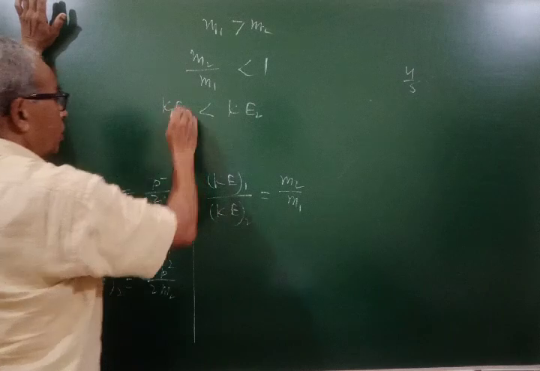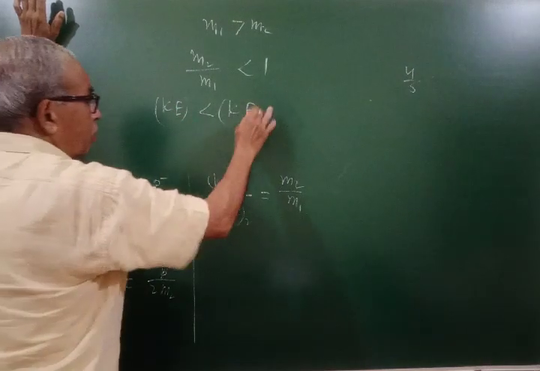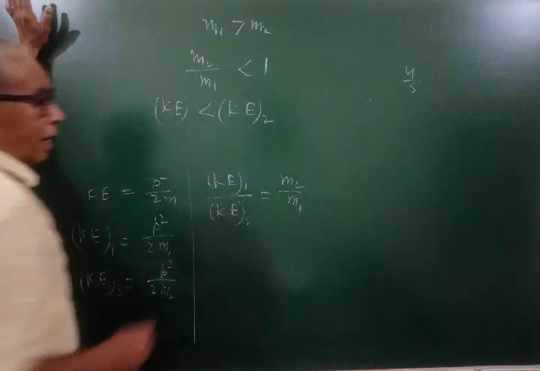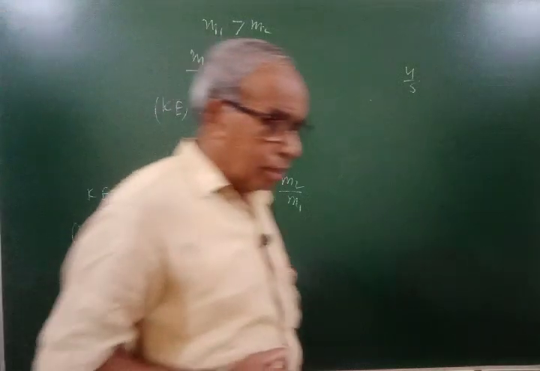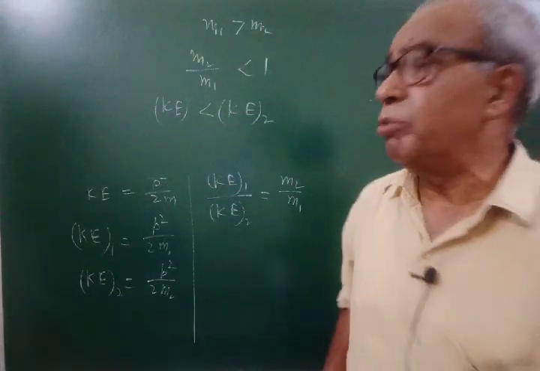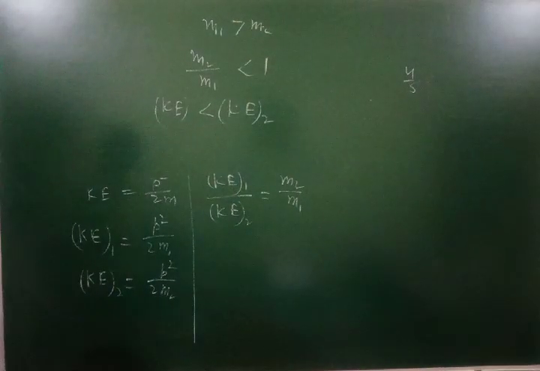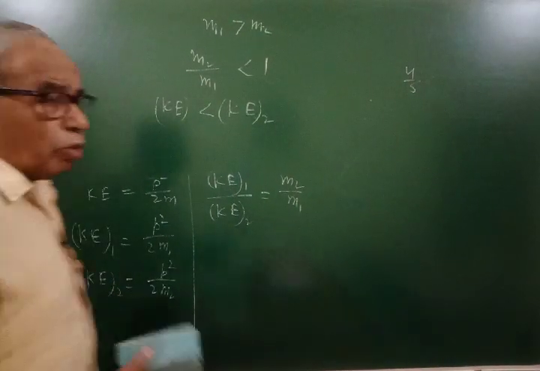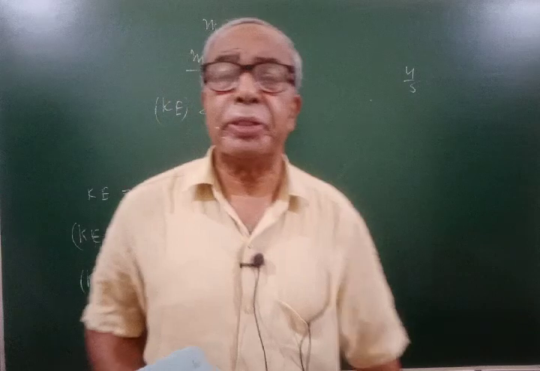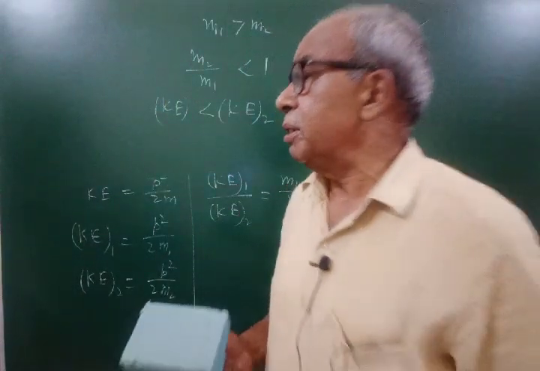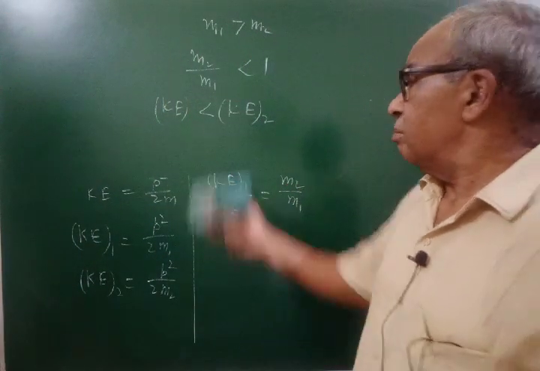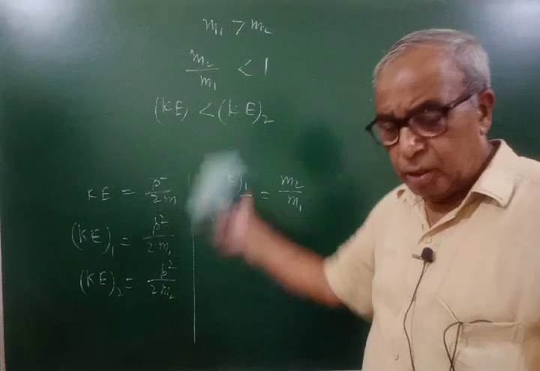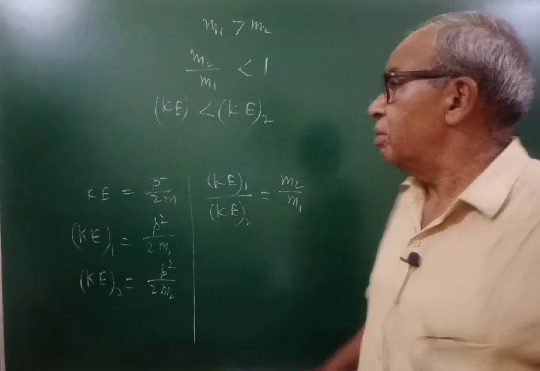And therefore the lighter body has greater kinetic energy while they have the same momentum. Is that clear? Conversely also, if two bodies having different mass have the same kinetic energy, which will have greater momentum, the same way you can go. Conversely, you can do it yourself.